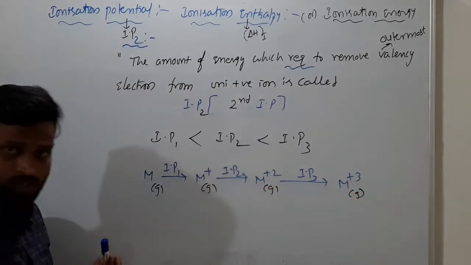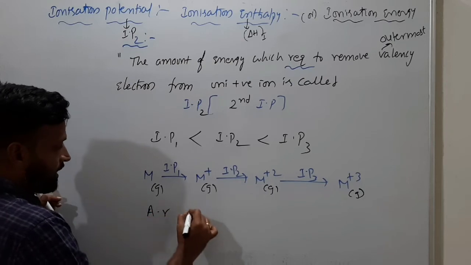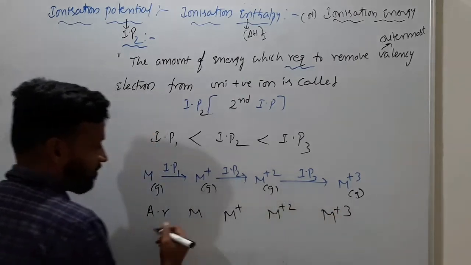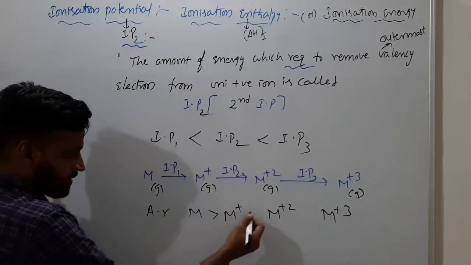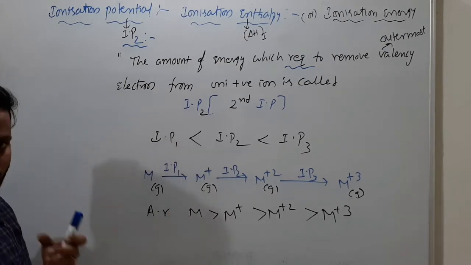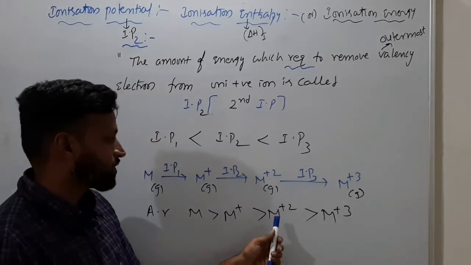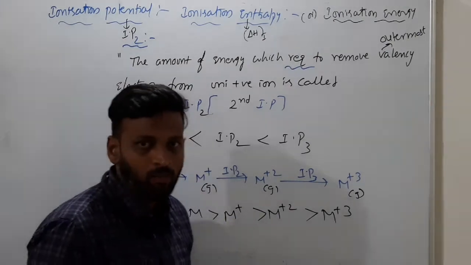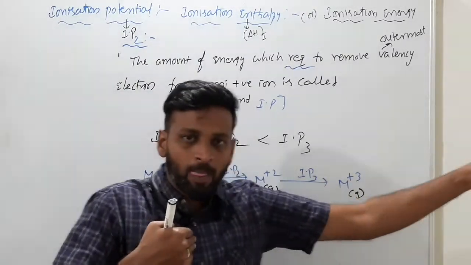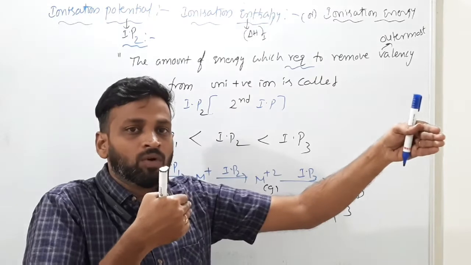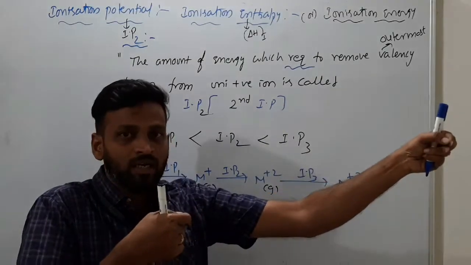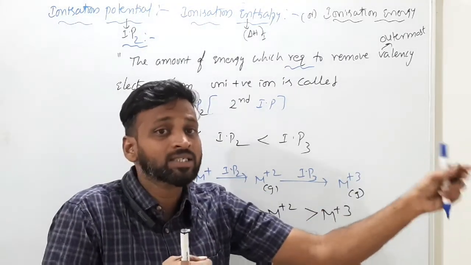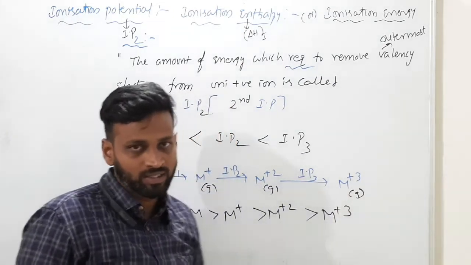Sir, why? If you see the radius of M, M plus 2 and M plus 3, which has more radius? The radius is more for M. So M plus 2 is smaller than M plus, which is smaller than M. The more the size, the more the distance from nucleus to outermost shell, which means attractions are less, and you can remove the electron easily.